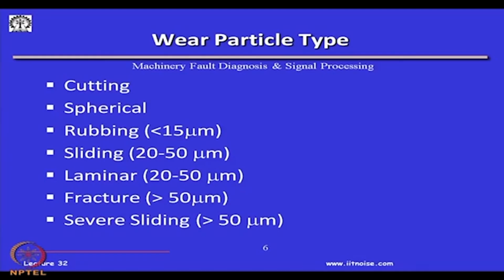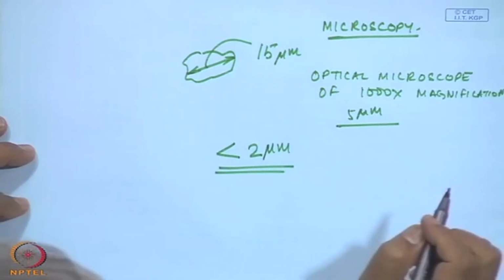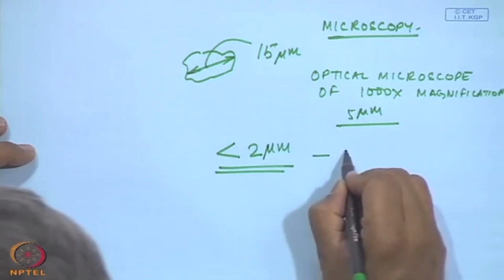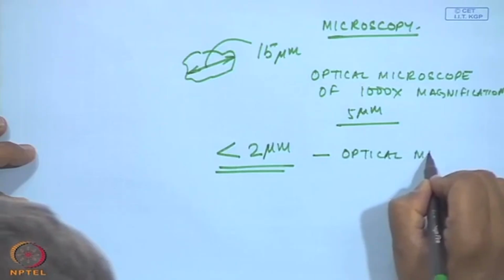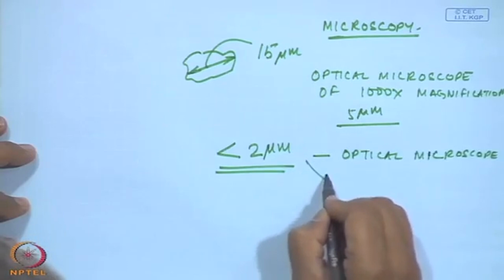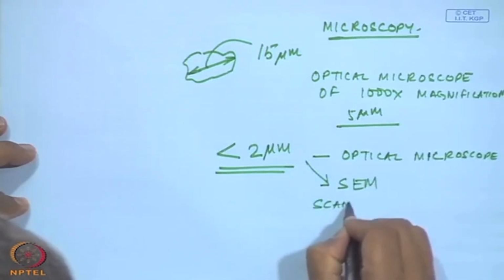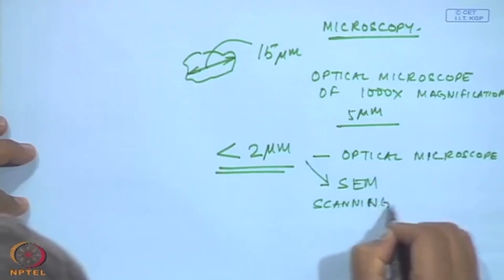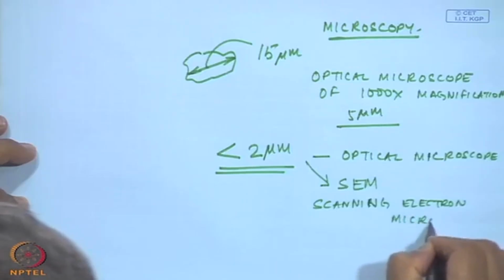But for the wear debris particles, to understand the chemical composition, we require the wear particles to be of the order of less than 2 microns, and this is not possible by optical microscopes. This has to be seen through an SEM, scanning electron microscope.